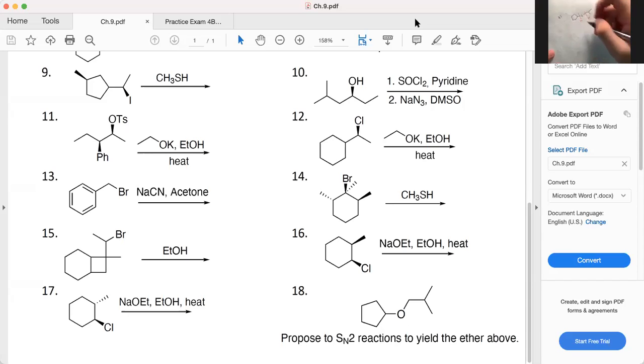If I cut here, that means that the right side of 1 is the alcohol. So that would be maybe that, and DMSO, that's my main nucleophile. And then maybe my starting material was this bromide. So you guys can see that those would be the first set of conditions.